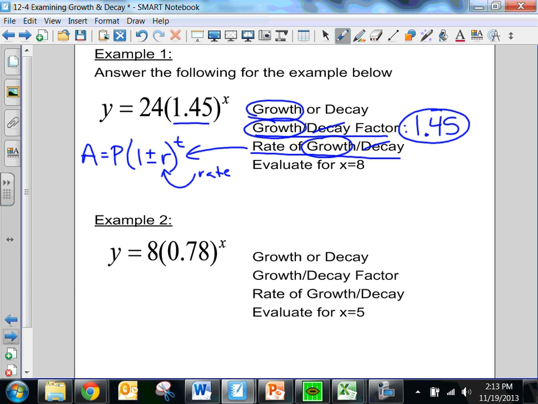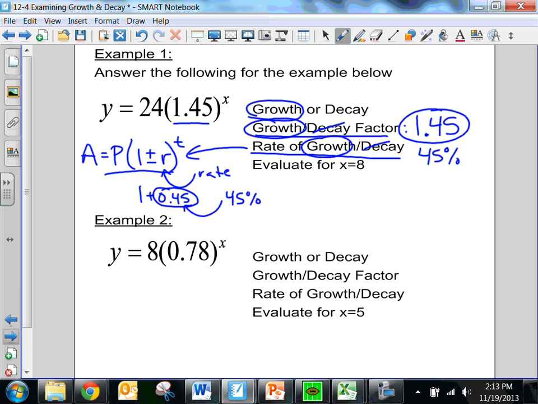So if you think about this, if this was 1 plus 0.45, then in this case, the rate would be 45%. So for this problem, we're going to say the growth rate is 45%, because this is what that number would have been if we had an original formula like this.